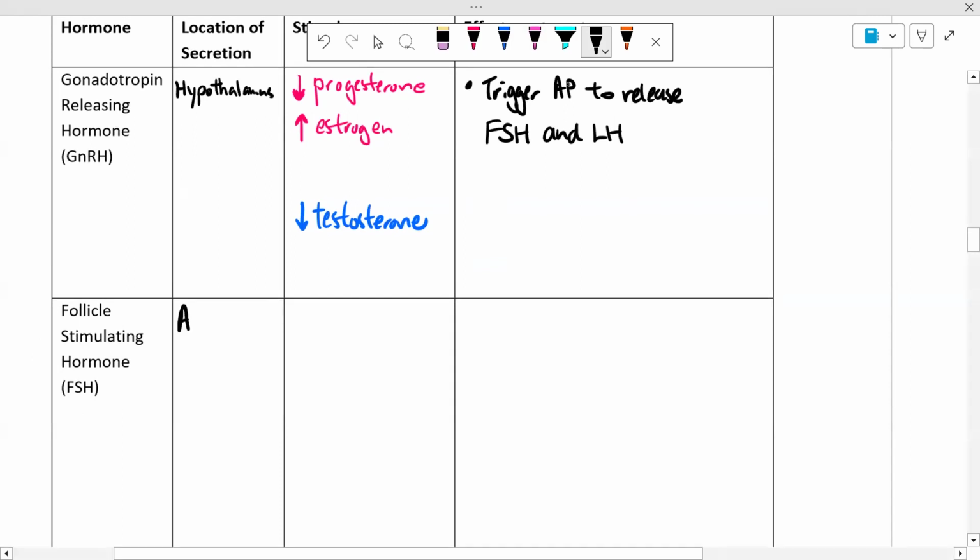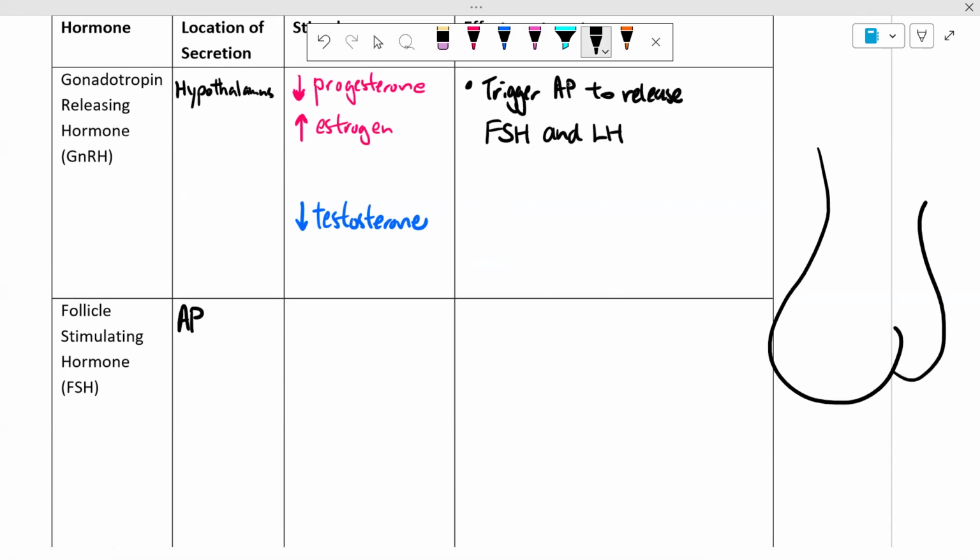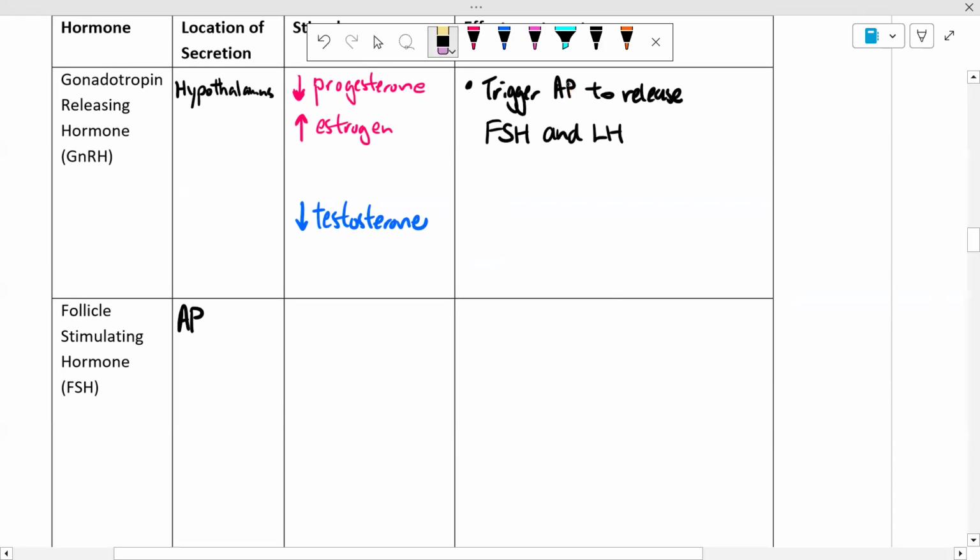That's right. The bigger bum cheek, right? In our picture, if you remember. The anterior pituitary gland has the FSH and the LH. Okay? Start memorizing some of these things if you can, because there's a lot more. You know what? Let's spell it out. Anterior pituitary.